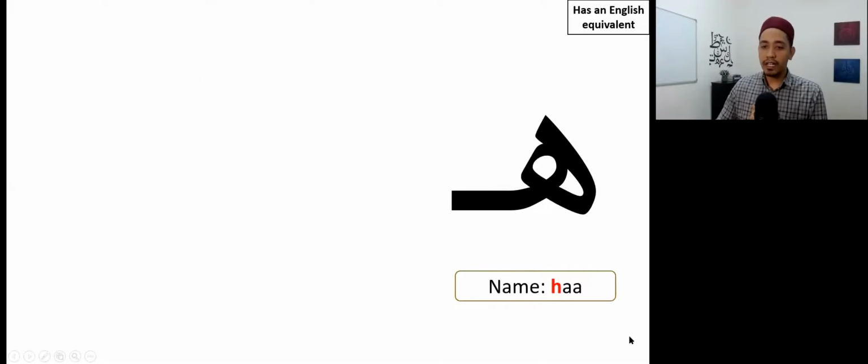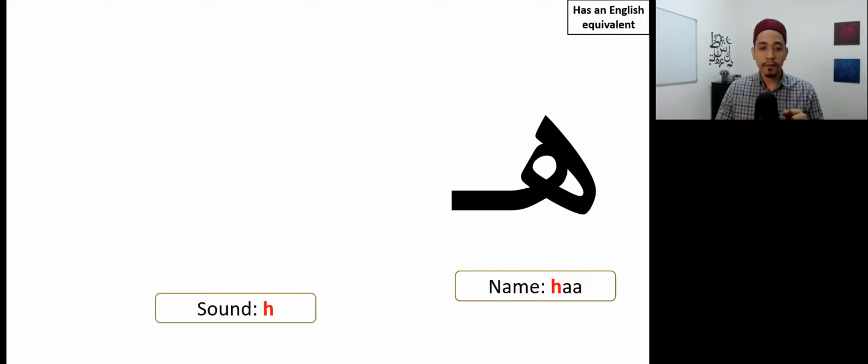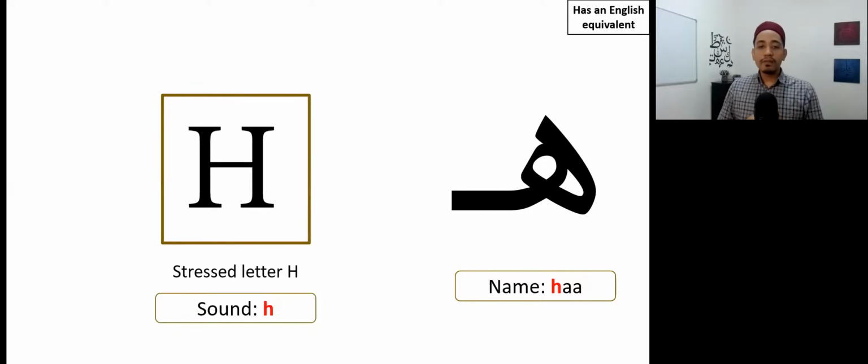The letter Ha, as you can see, is like the letter H. So the sound is like the H in English to an extent, okay? However, it's more of a stressed version of the letter H. To demonstrate that, we just need some words with the letter H at the beginning or middle.